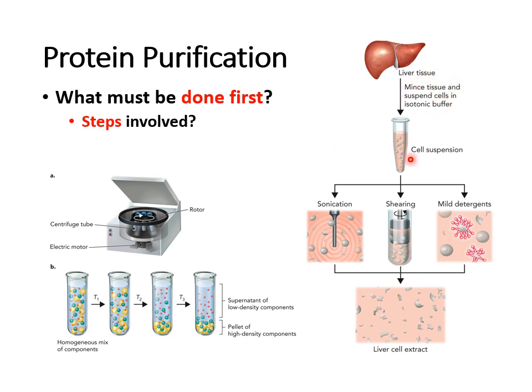And once you are looking to homogenize that cell suspension, you can either use sonication, use what's called shearing, or incubate with mild detergents. And that will ultimately give you the cell extract that you're looking for.